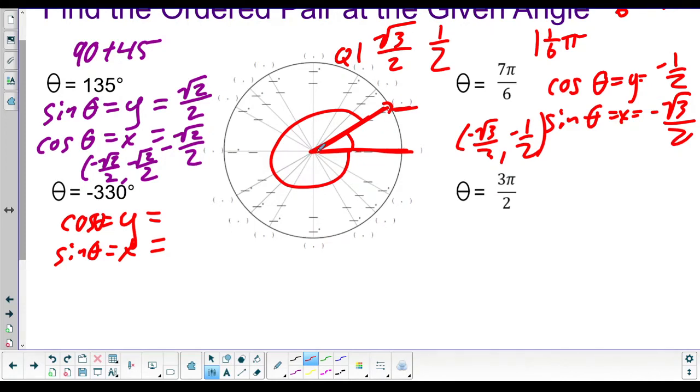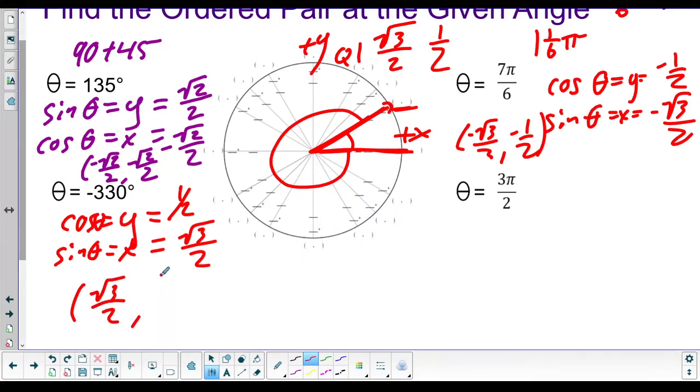Here, because we are closer to being horizontal than we are vertical, that means x is bigger. So x is going to get the radical 3 over 2. The y is going to get the 1/2. And because we're in quadrant 1, we've gone positive x and positive y. So this is going to be radical 3 over 2, 1/2, both positive.